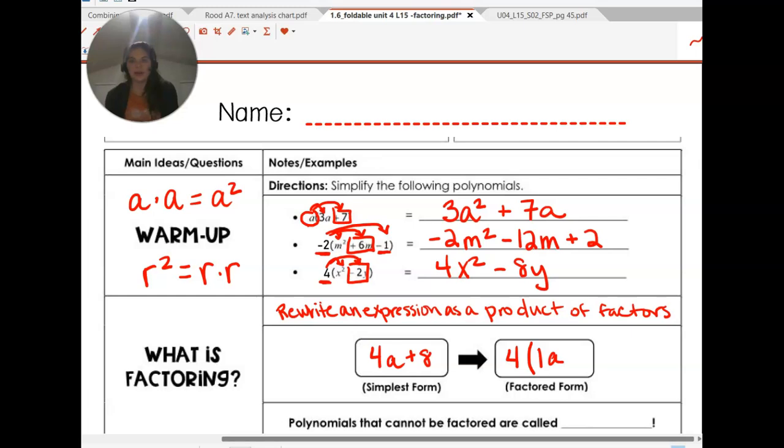And then positive 8 divided by 4 gives us positive 2. So we were able to provide a product of 4 and 1a plus 2. Then when you multiply it together, you get your simplest form.